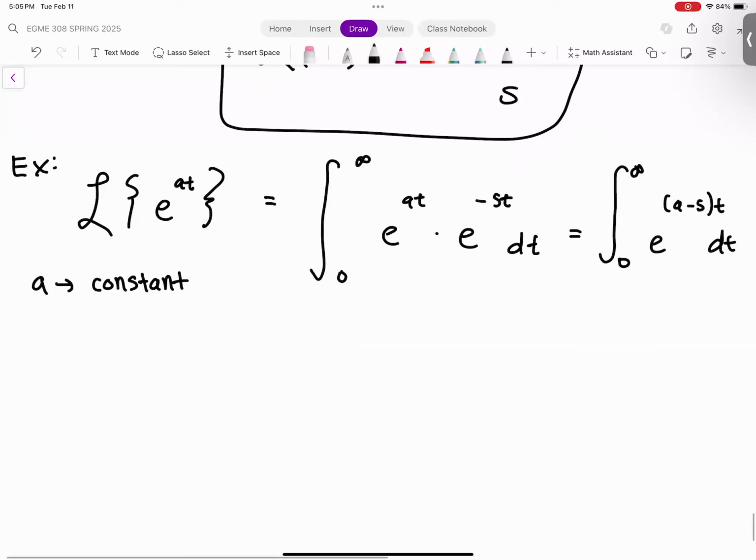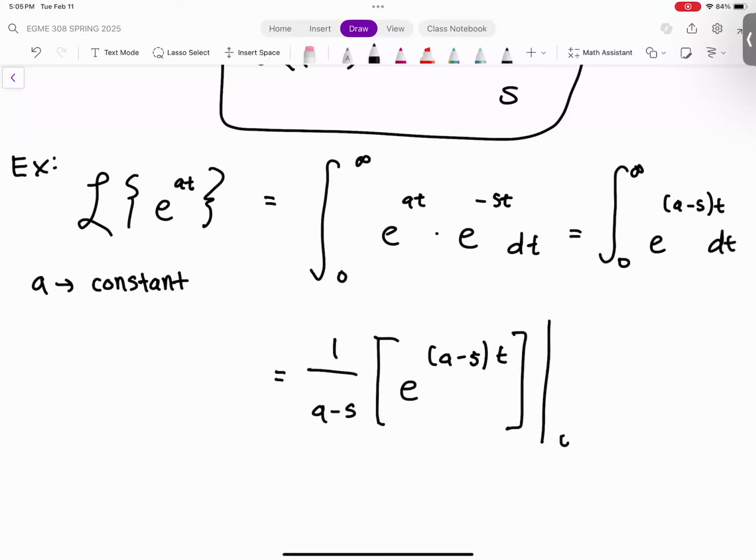Okay, so let's integrate it. When we integrate this, we get 1 over (a minus s) multiplied by e to the (a minus s)t. Evaluate this from 0 to infinity.